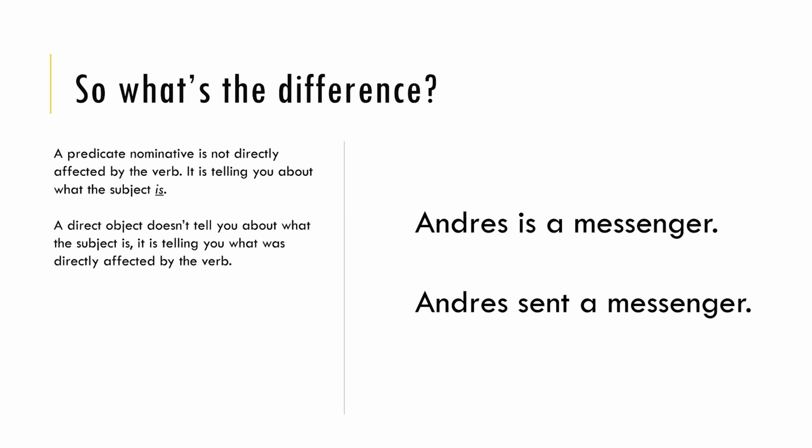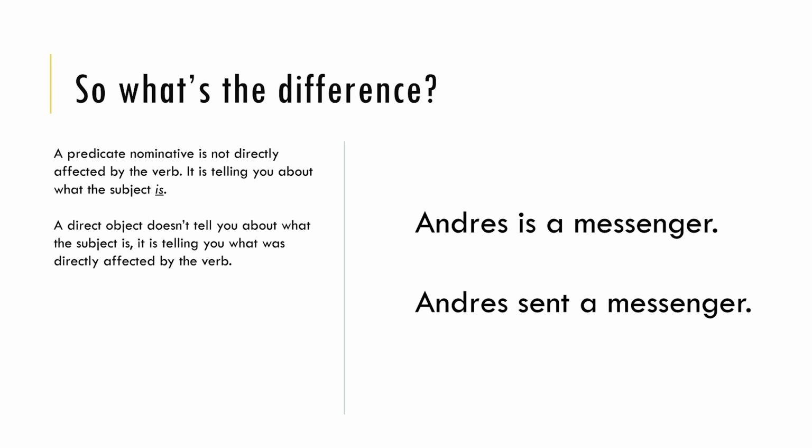Now, going back, a direct object doesn't tell you what the subject is. We don't know what Andres is. Andres could be a different messenger. He could be something else. But in this sentence, the phrase a messenger doesn't tell you anything about what Andres is. It's just telling you what was being directly affected by his actions.